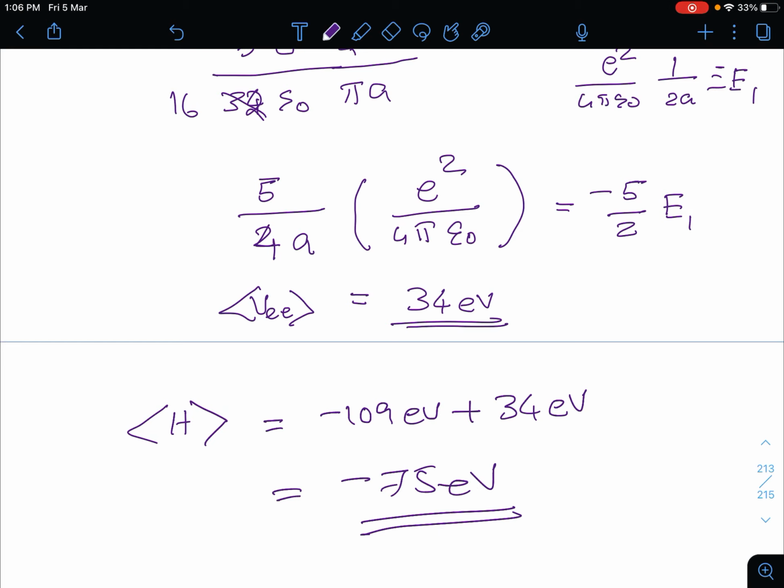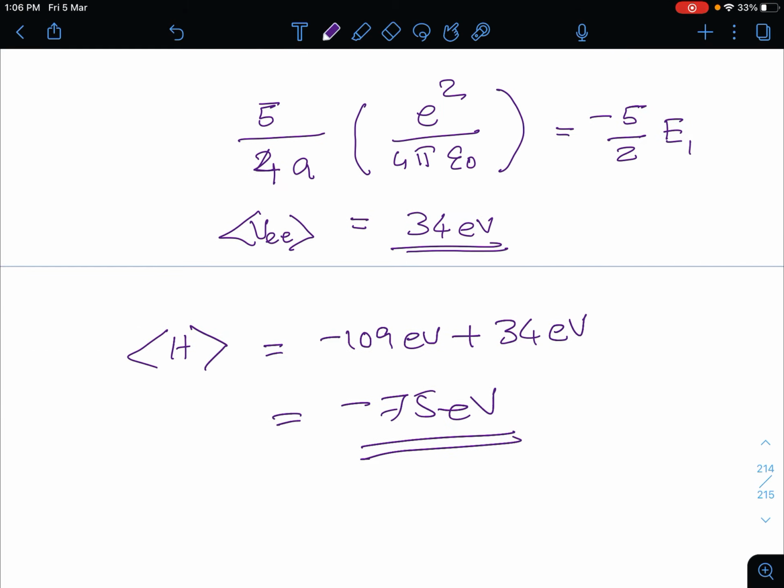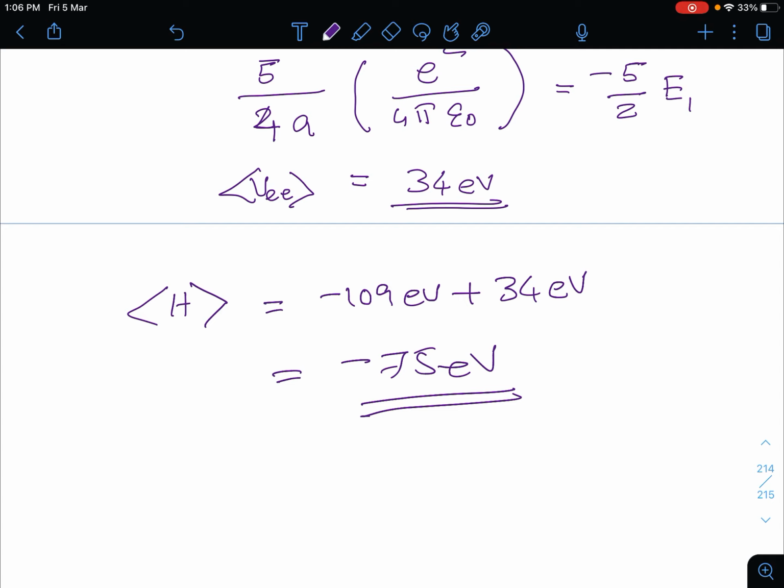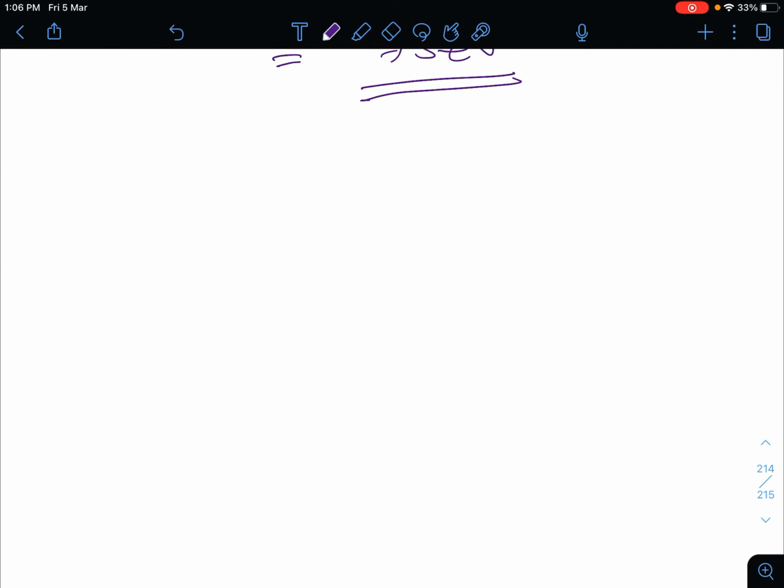So we got a somewhat approximate answer, but that is not fair because the actual value was something like minus 78. So this is somewhat 3 electron volt lower, so we have to make some corrections.